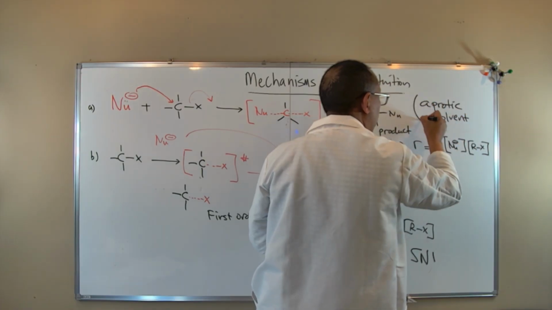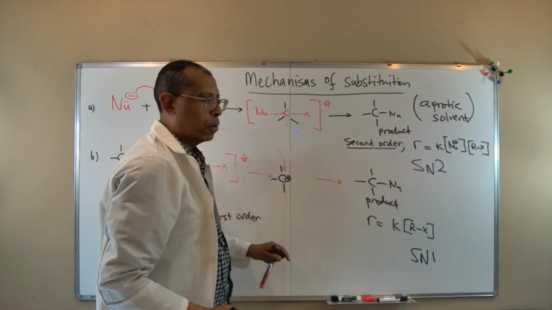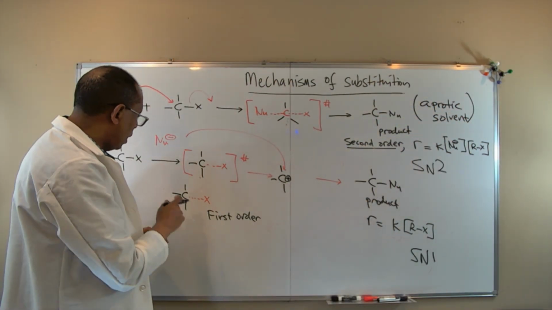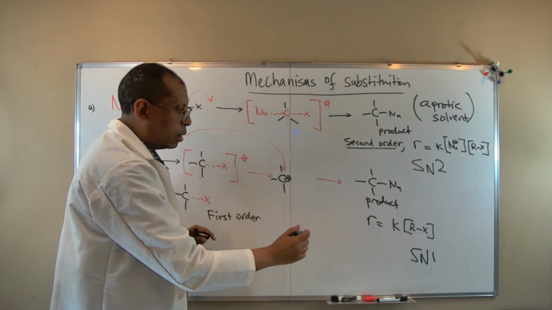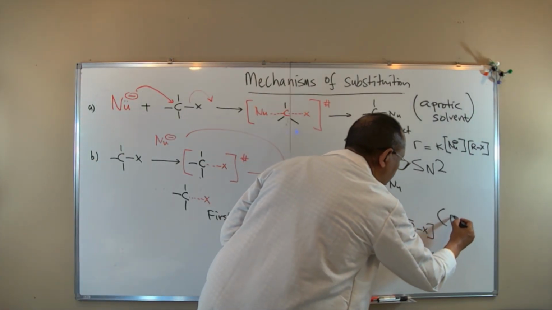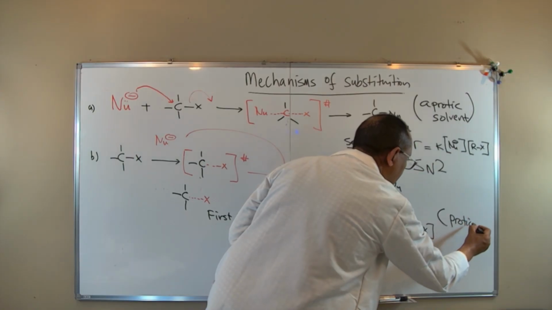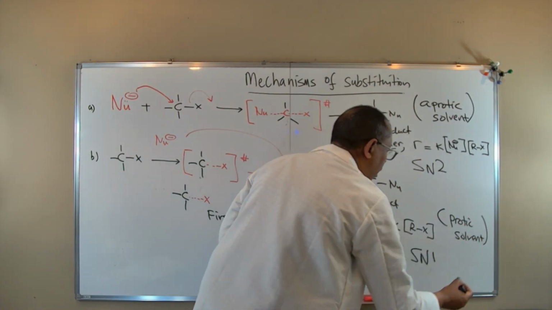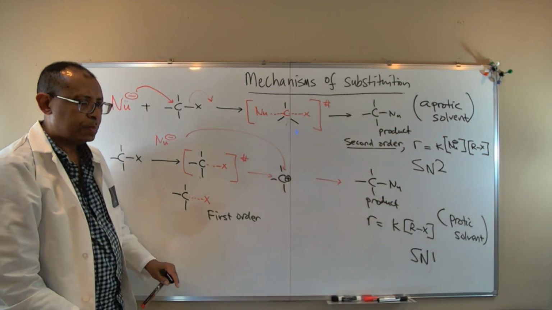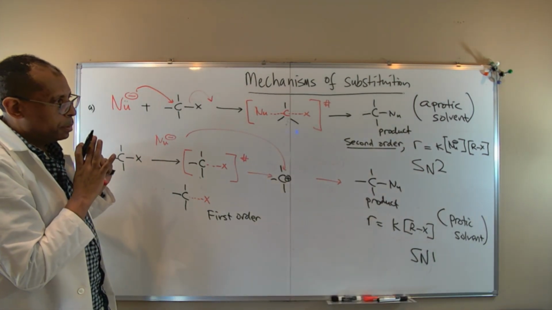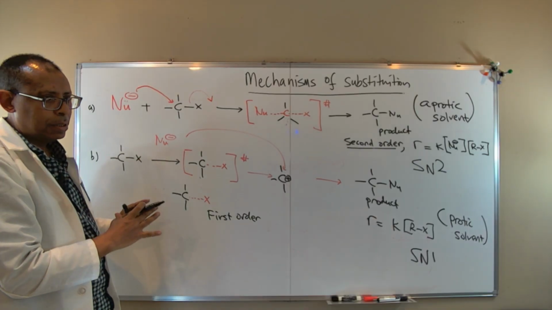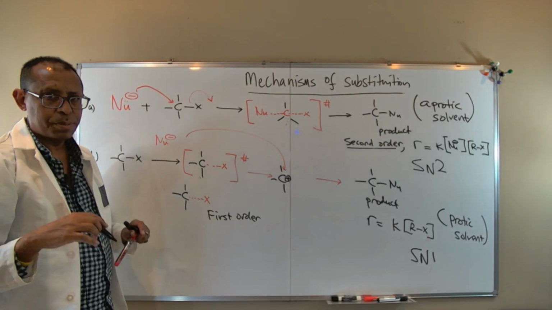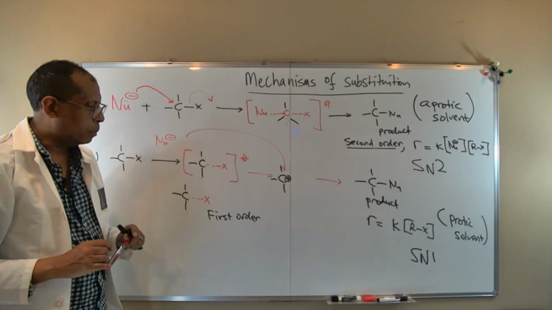SN2 reactions are carried out in aprotic solvents, and SN1 reactions are carried out in protic solvents. The reason I'm bringing this up is that we just covered protic and aprotic solvents. So make sure that you understand this important concept in basic organic chemistry.